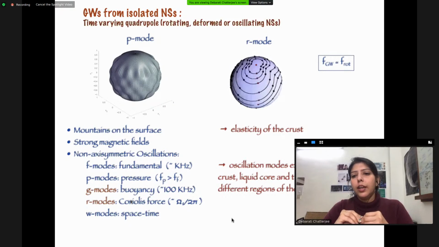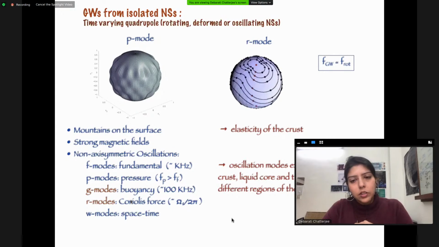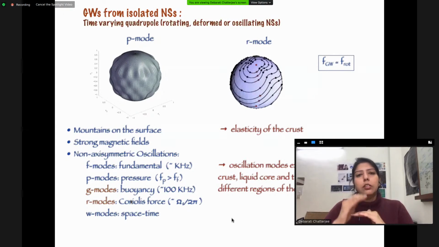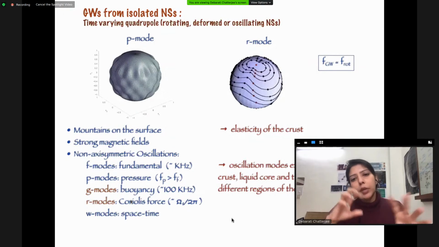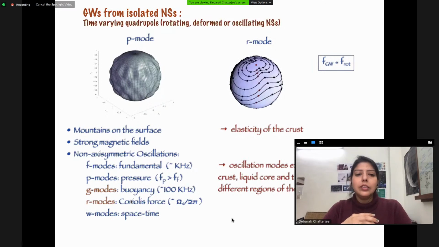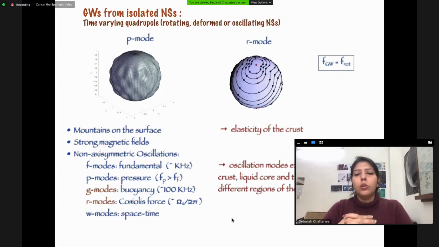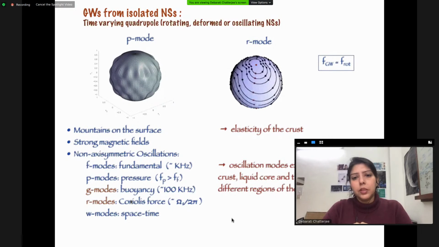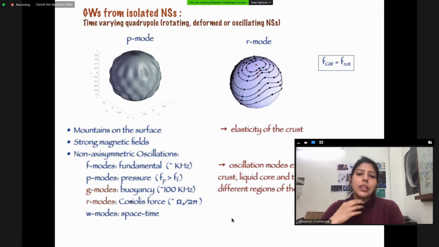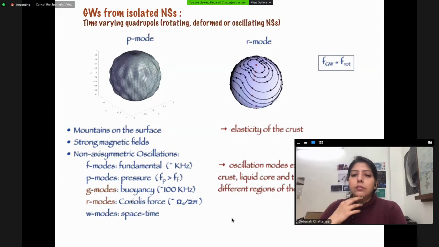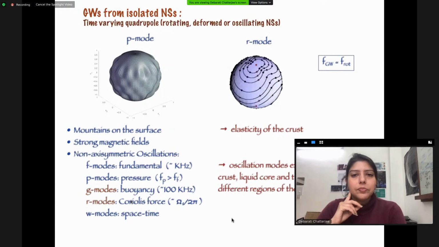Depending on the elasticity of the crust, there are deformations on its surface, and these are what are called mountains. These deformations of the crust can be caused by different sources, and this gives us an idea about features like the elasticity.